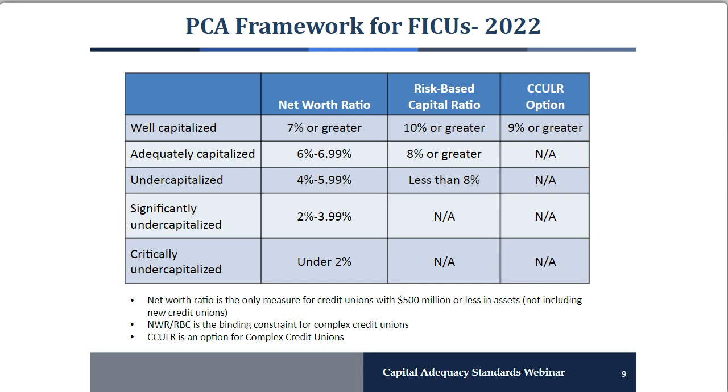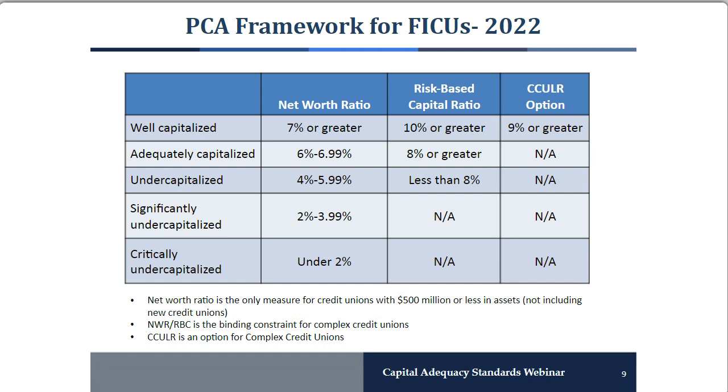Third, if a credit union meets the eligibility requirements and opts into the CCULR framework with a net worth ratio of 9% or greater, then they would not need, and I repeat, they would not need to calculate a risk-based capital ratio and would be subject to the CCULR requirements.